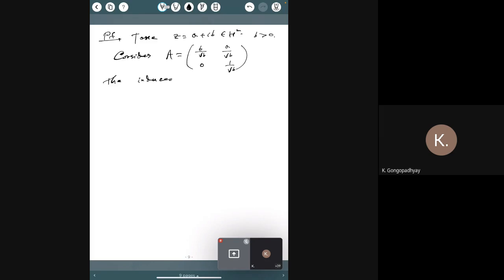The induced isometry, I denote it again by A, is z goes to (bz + a)... well, not az plus b, it will be bz plus a. And A of i will be z, right?